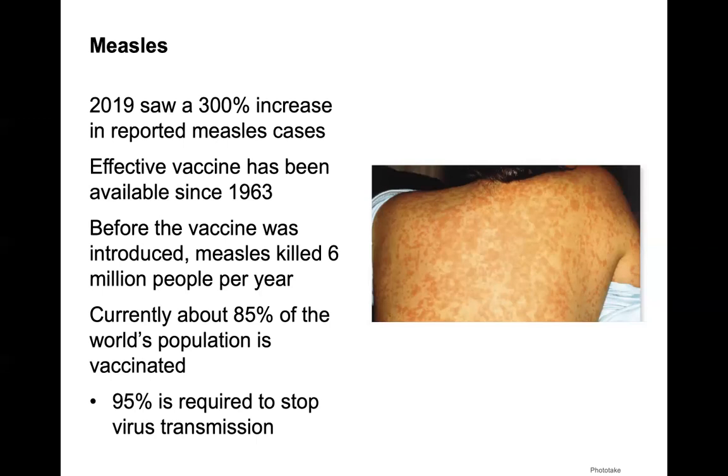But again, like I said, in 2019, we saw a 300% increase in reported measles cases in the US because people decide not to vaccinate their children. And this can oftentimes be a very fatal mistake when their child dies because of their beliefs in not vaccinating.